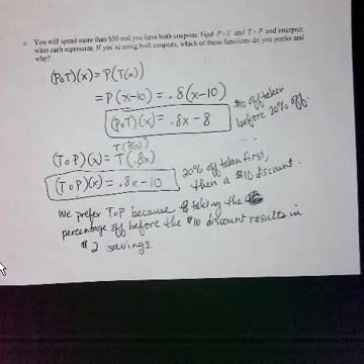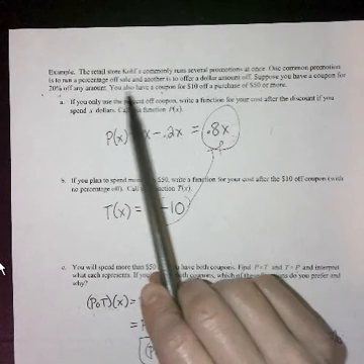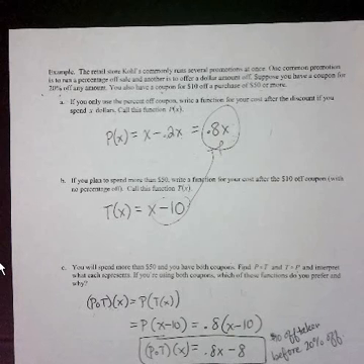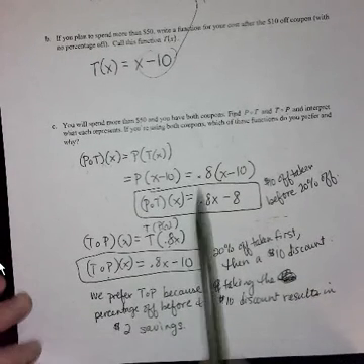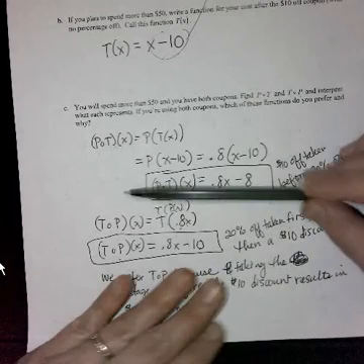Okay, and then I should point out here, this would actually be a piecewise function. Excuse me, let me start over. In terms of how much you actually are going to spend at Kohl's, you'd have to know which one of these they're actually going to do, and I don't know which one they're going to do. But say they actually do give you the percentage off first and then take the $10 off.